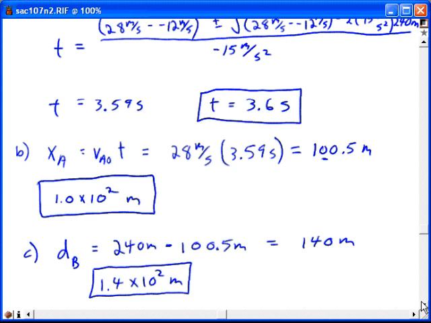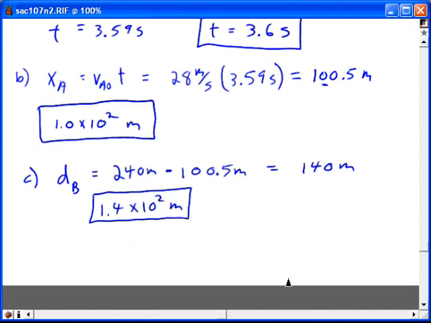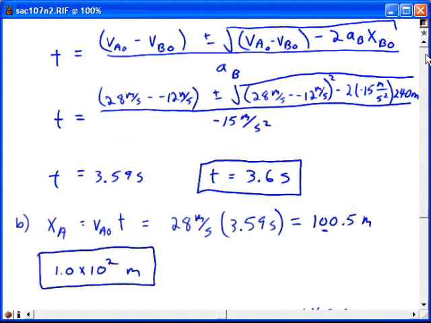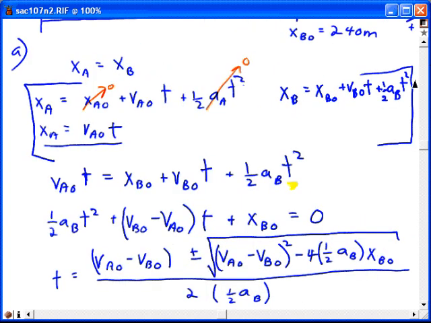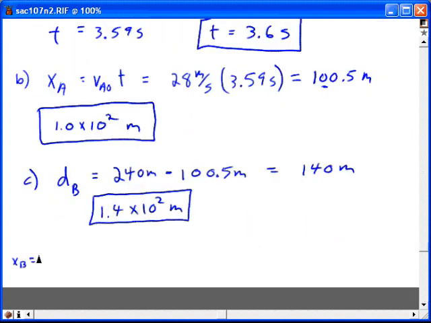I want to make a quick check here. I am running out of space. XB should be equal to 1.0 times 10 to the 2 meters if part A is right. They both cross at the same position. So XB at that special time, 3.59 seconds. So let's get our expression for XB. We've got up there XB0 plus VB0 T plus 1/2 AB times T squared.